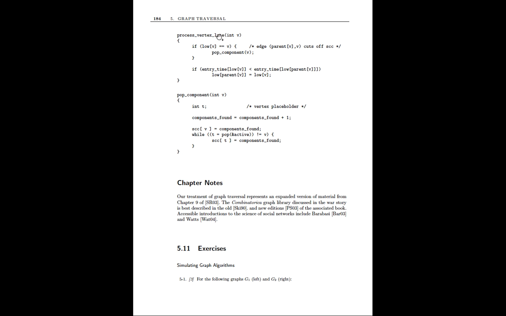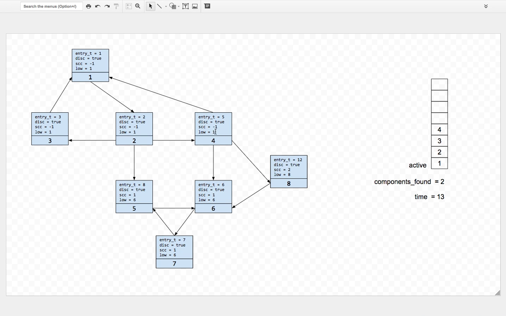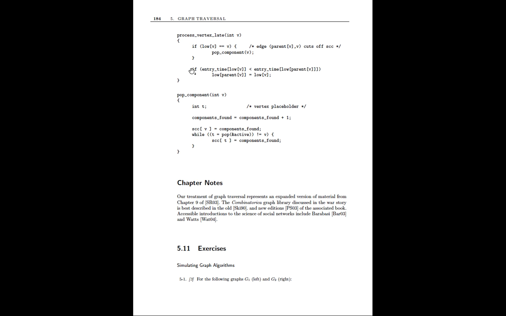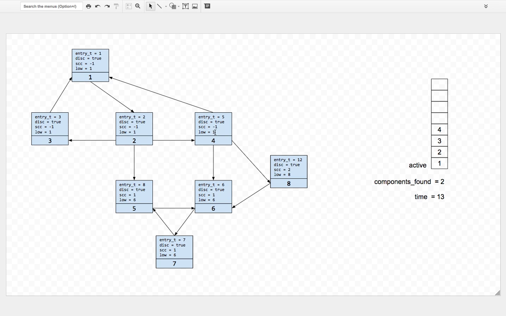So we go over to process vertex late. If low for vertex 4 is equal to vertex 4 itself, it is not. Low of vertex 4 is equal to 1. If the entry time for low of v is less than the entry time for low of the parent of v, so again, I look at the entry time for low of vertex 4.